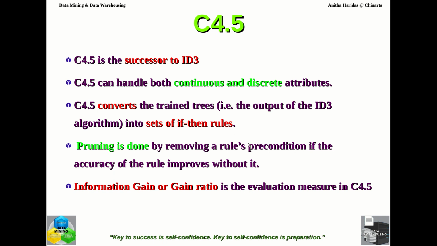So if you have any classification rule, before that rule is derived, if you have any precondition, that will be removed and it will try to improve the accuracy, and if the accuracy is improved, obviously that particular branch can be removed from the decision tree. And information gain or the gain ratio is the evaluation measure in C4.5.